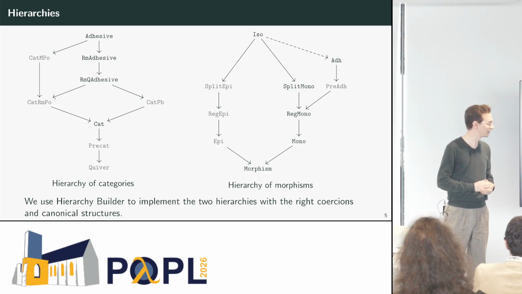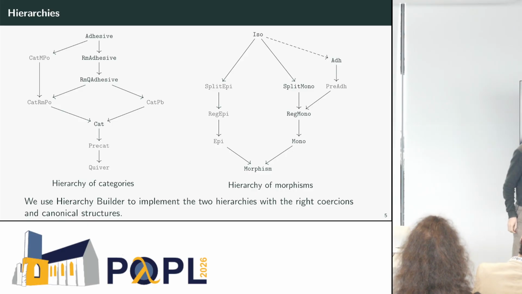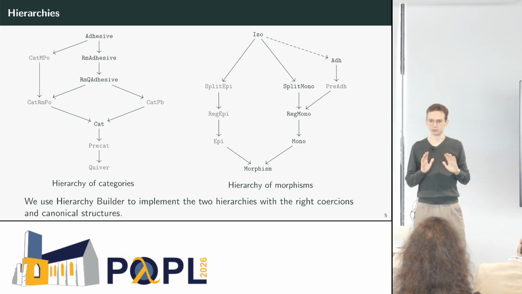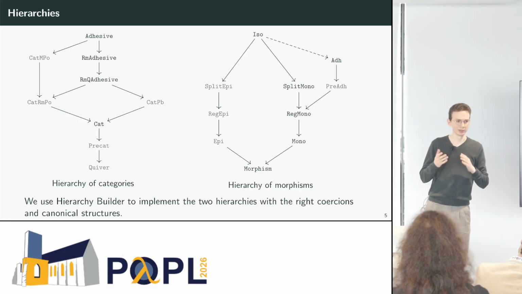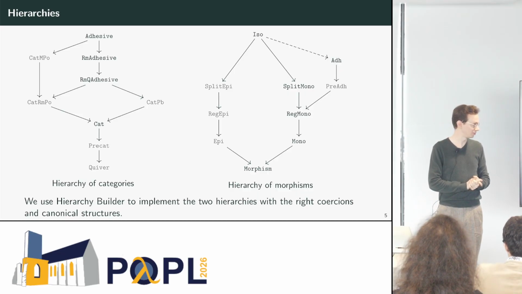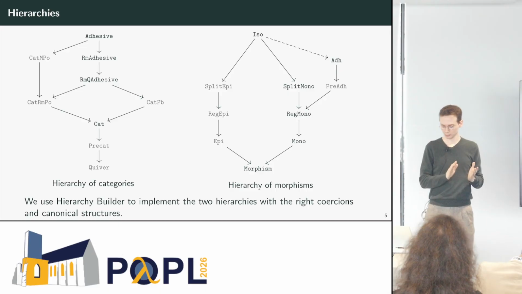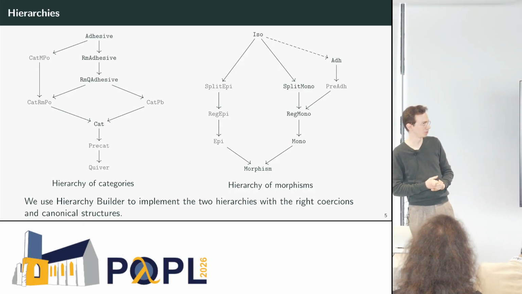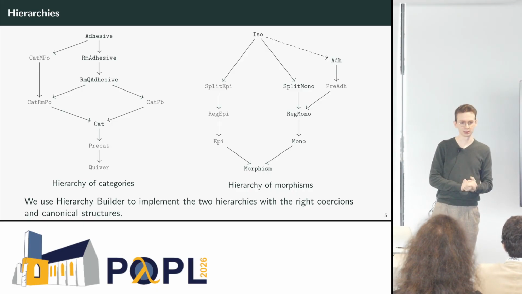For example, if you prove something at a low level in the hierarchy, let's say we prove a lemma about all monomorphisms, then we can apply that lemma to a split monomorphism without saying anything, just giving the split monomorphism as an argument instead of a monomorphism. The tools put in place by Hierarchy Builder will allow you to do that transparently.